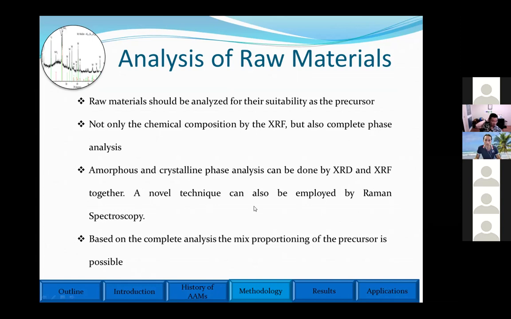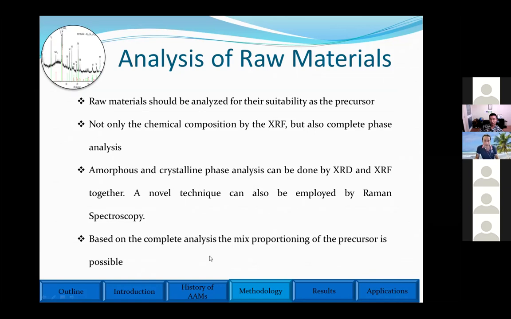And also we employed a novel technique using Raman spectroscopy instead of the combination of XRD and XRF. The reason why we refer to something new was that the sample preparation was very hard, and by Raman spectroscopy, we could do the same thing faster and easier. But I'm going to explain it better in next slides.